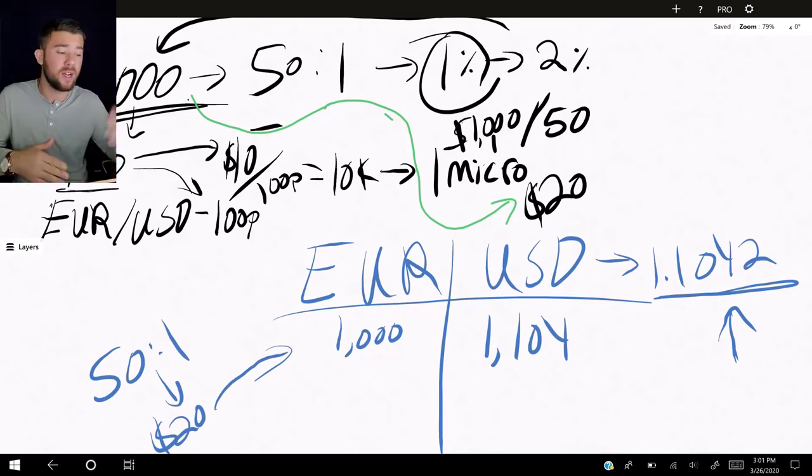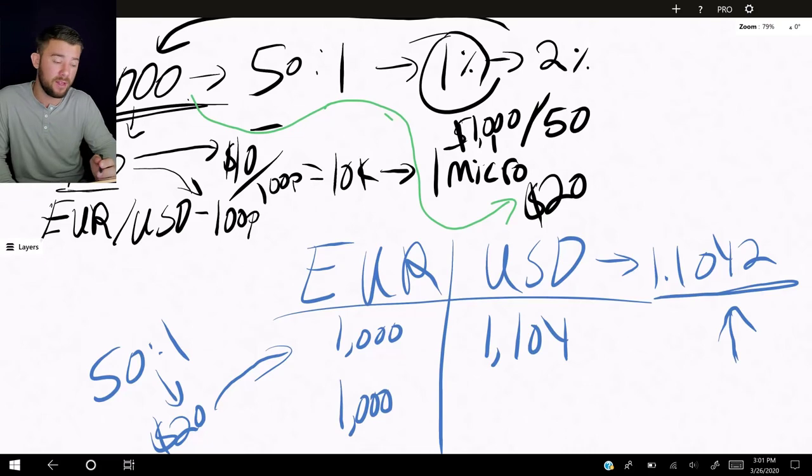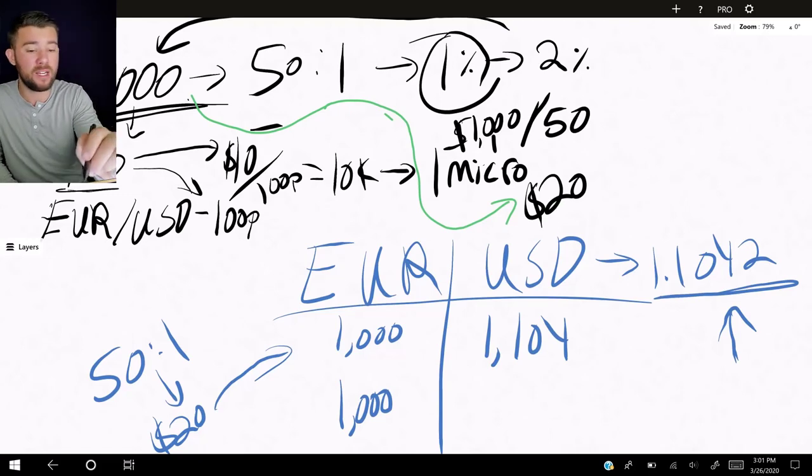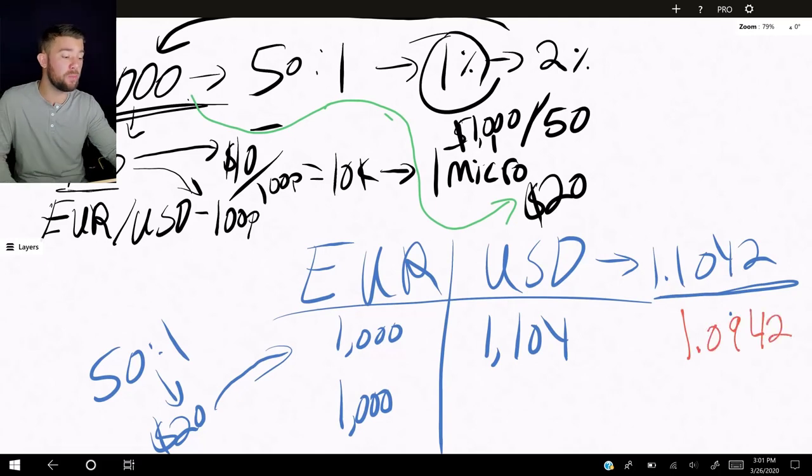I'll hold these 1,000 units until the price fluctuates either up or down. You still have your same 1,000 units of euro, but now let's say the price of the euro drops from 1.1042, a decrease in value, down to 1.0942, which would be a drop of 100 pips, which is what our stop loss was set at. So when it drops down to 1.0942, your stop loss gets hit and you say, here's your 1,000 euros back.